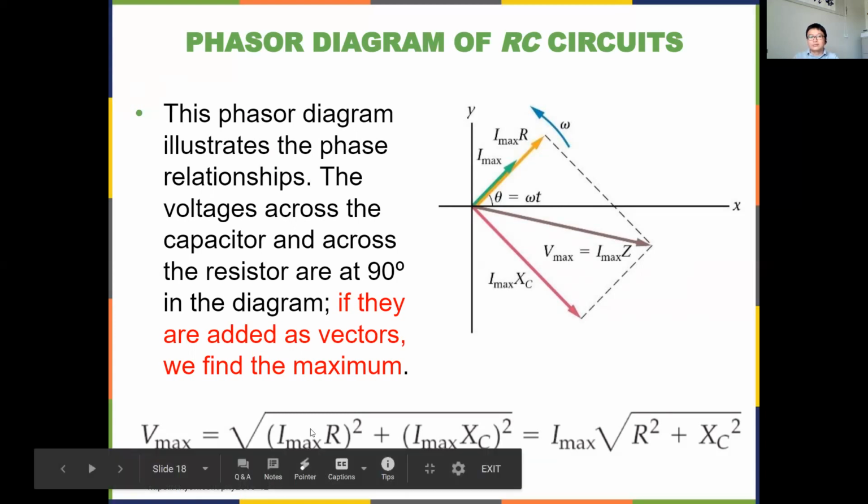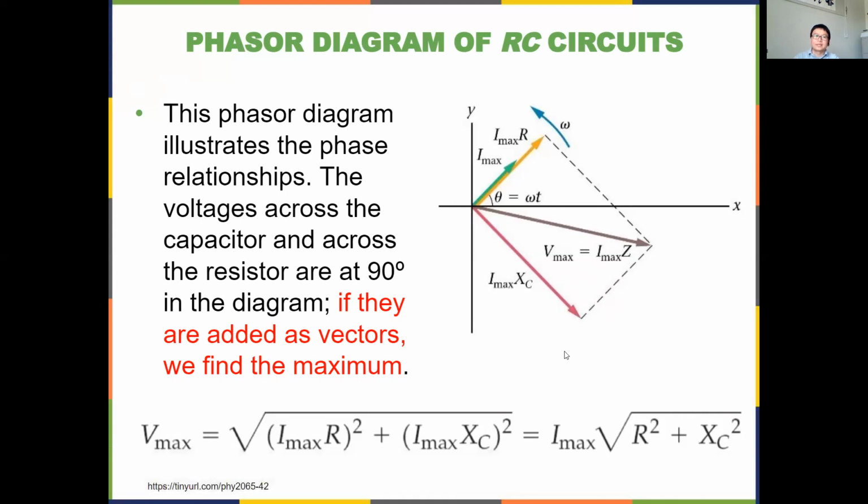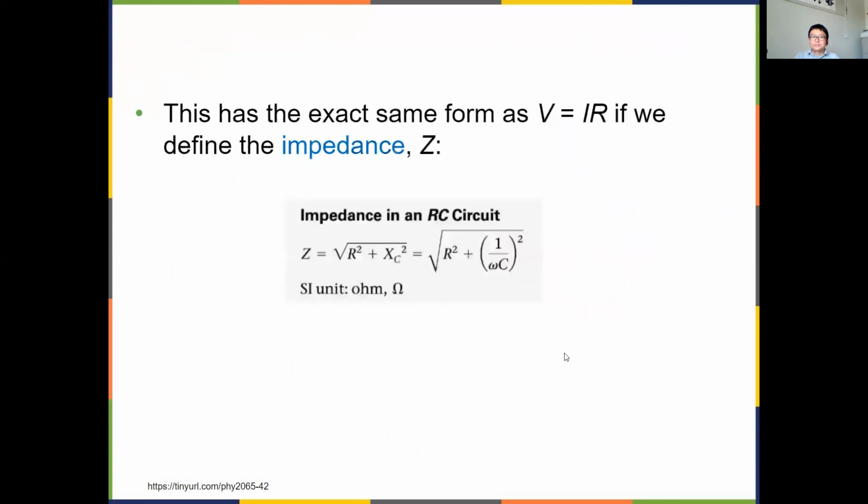So Vmax is equal to Imax times the square root of R squared plus XC squared. The square root here happens to be the impedance of the RC circuit, Z. So this is equal to Imax times Z.